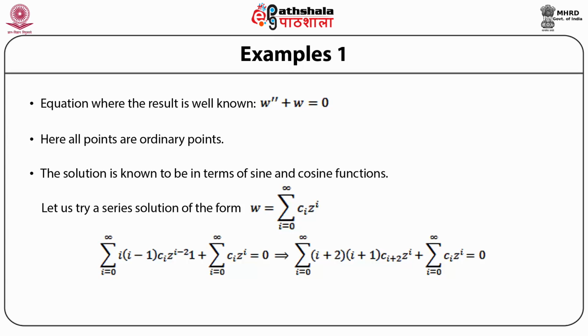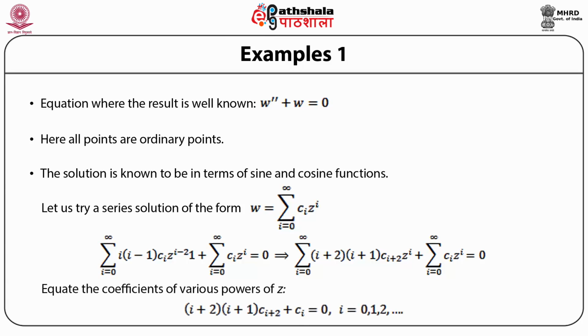On simplifying, we get summation i going from 0 to infinity (i plus 2)(i plus 1) c_(i+2) z^i plus summation i going from 0 to infinity c_i z^i is equal to 0.